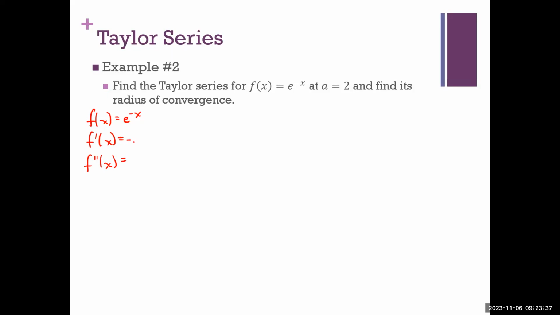Negative what? Negative e to the negative x. What's the second derivative? E to the negative x. So the second derivative is equal to the function. What's the third derivative?